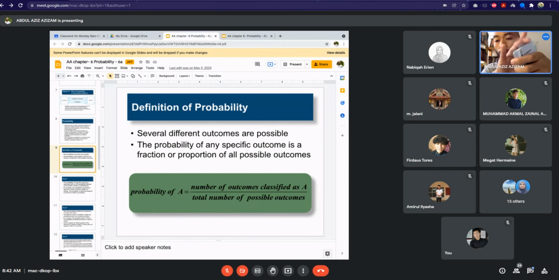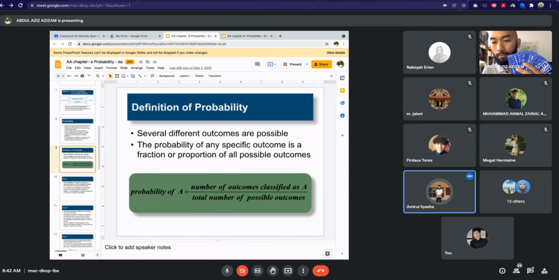Okay, so what is the probability for you to get 2 spade by randomly selecting daripada deck ni? Berapa kebarangkalian untuk you dapat 2 spade daripada deck ini? Macam mana kita nak kira? Boleh tak kita kira?